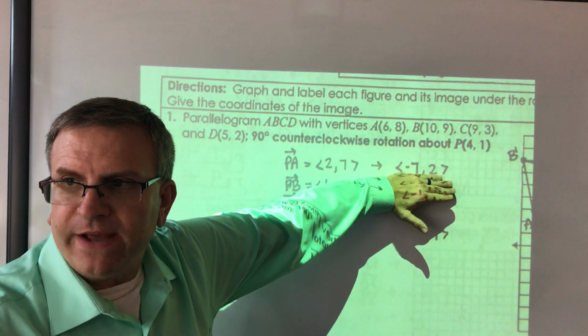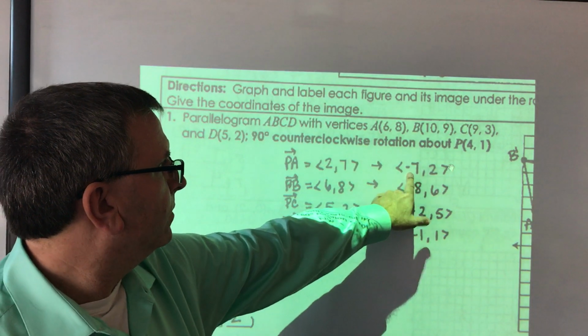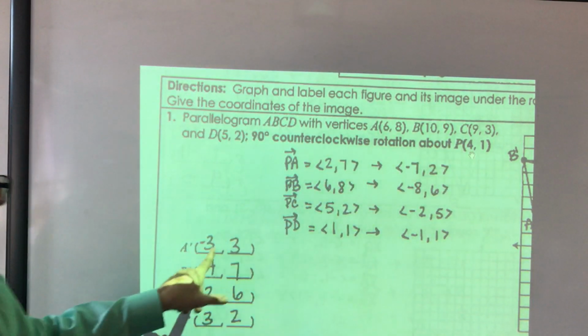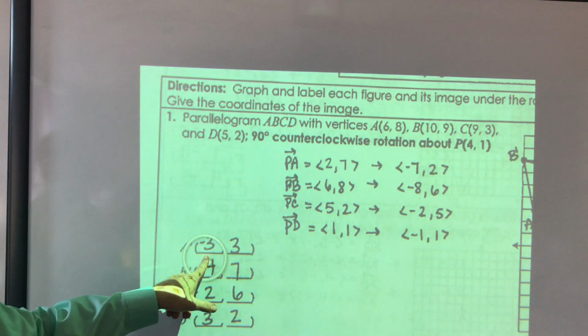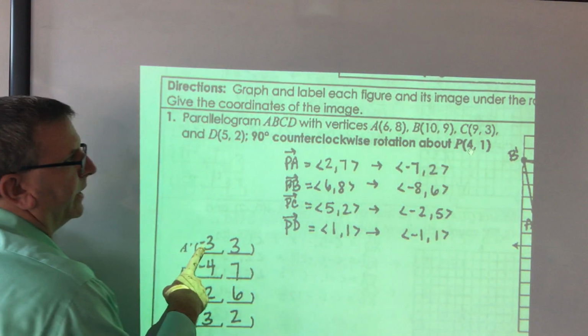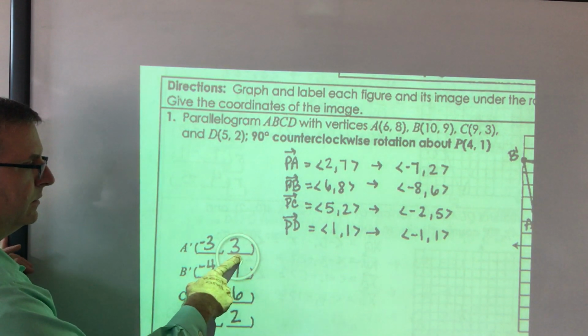So I have negative 7 plus 4, which is negative 3. 2 plus 1 is 3.